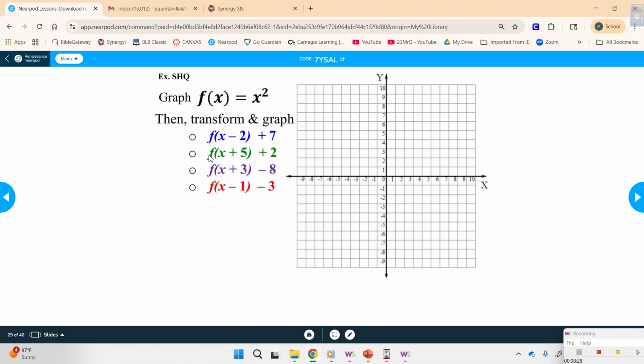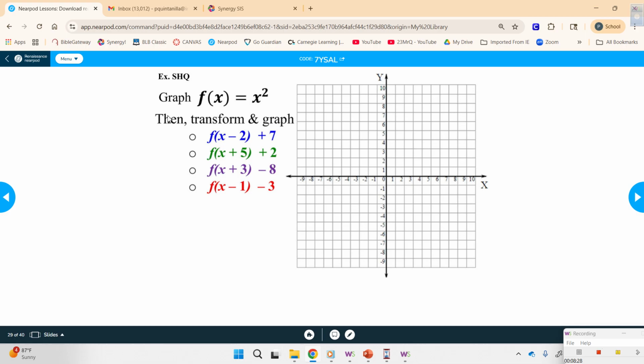And then the other transformation in green, f of x plus 5, outside is plus 2. Then f of x plus 3, and then outside minus 8. And f of x minus 1, and outside minus 3.